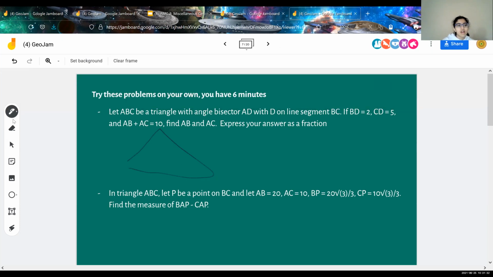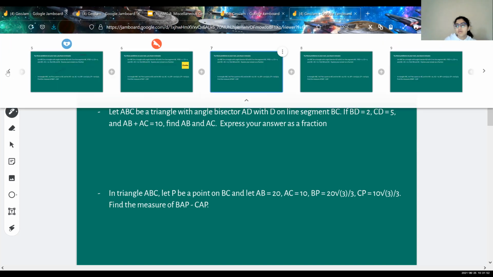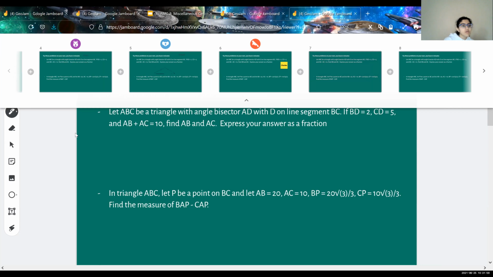It will help you if you draw a diagram, because if you do not draw a diagram, you will not know what you're looking for, and even if you know what you're looking for, you can easily make a mistake. So again, draw a diagram. For both the questions, I expect you to show your work.